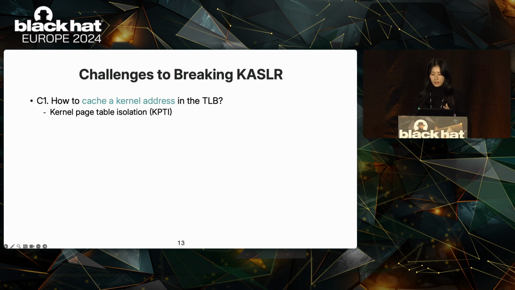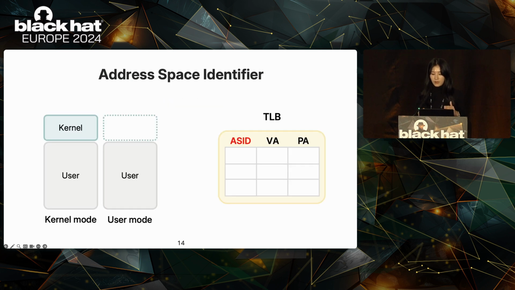And then, even if we manage to trigger address translation for kernel addresses, there's another challenge. We can't use timing differences to check if the kernel address is loaded into the TLB like we did before. This is because the TLB now includes something called an Address Space Identifier, or ASID, which ensures that mappings from one address space cannot be reused in another.